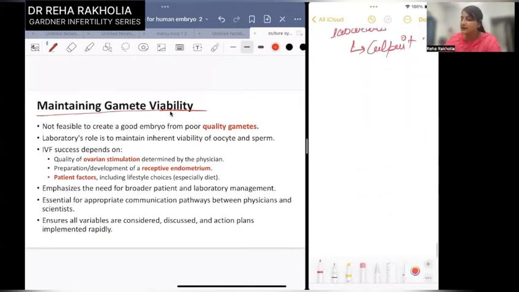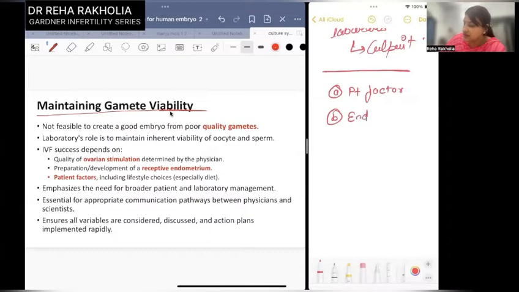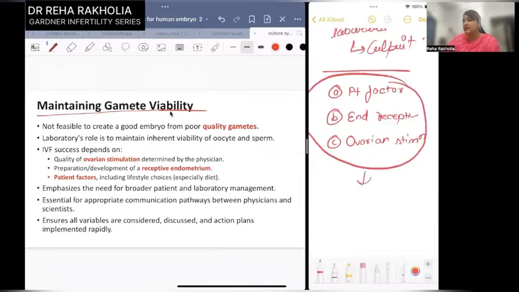Then maintaining gamete viability. See, there are three factors. First is patient factor. Second is endometrial receptivity. And third is ovarian stimulation. These all decide the gamete viability.